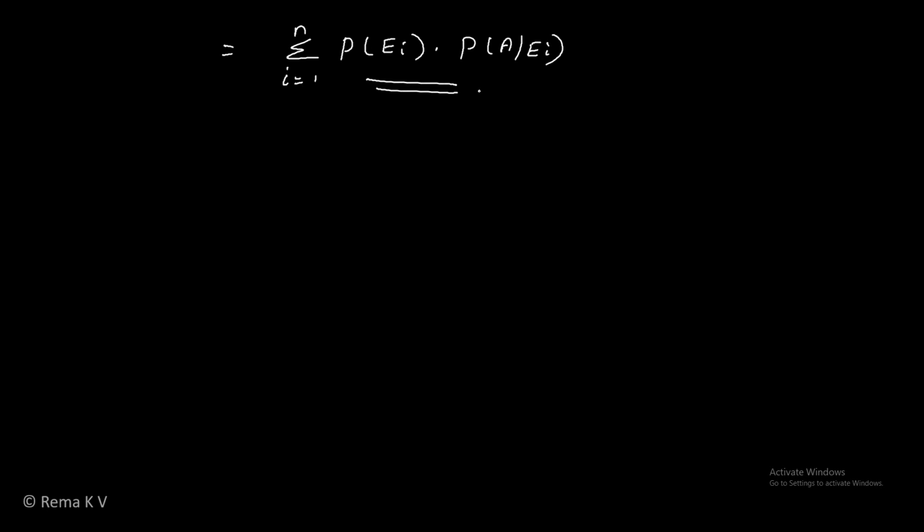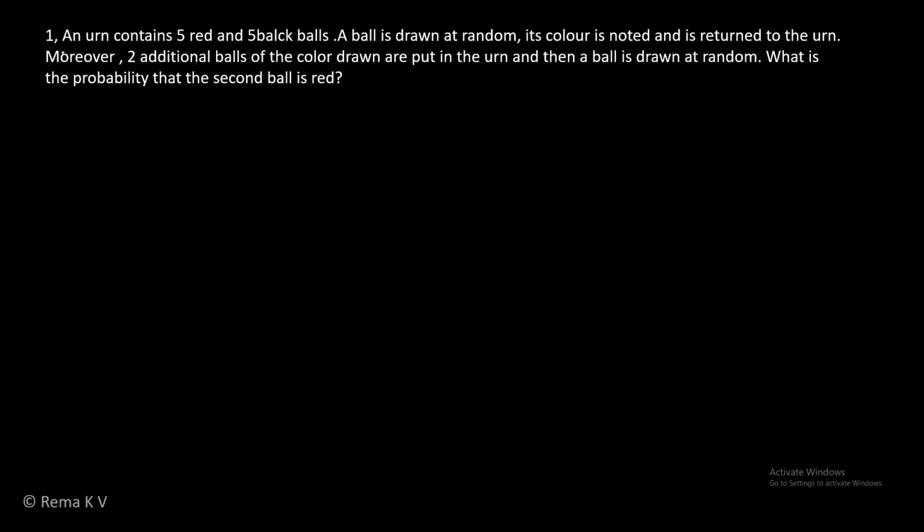Let us consider an example. You can write the question. An urn contains 5 red and 5 black balls. A ball is drawn at random. Its color is noted and is returned to the urn.